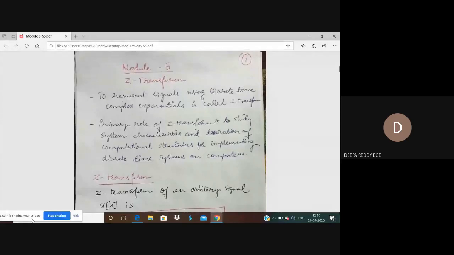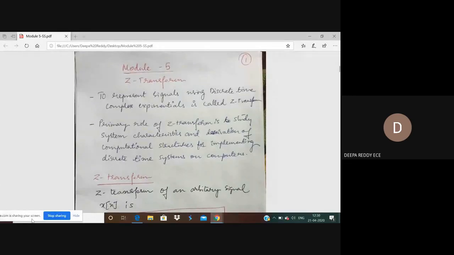In this module, we will be studying some important system characteristics, and how we get to know about characteristics like stability of a given system. How can we comment on such parameters is what we'll be discussing in terms of region of convergence, whether the system will be stable or unstable, whether it's a causal system or a non-causal system.